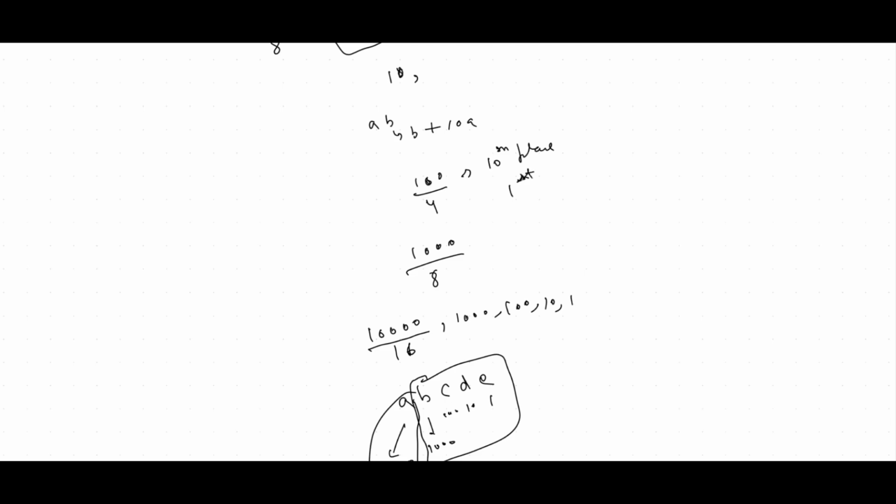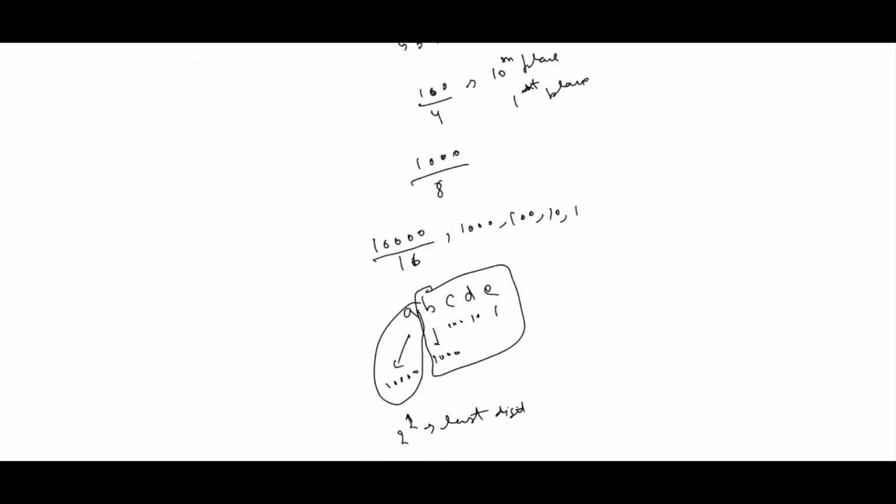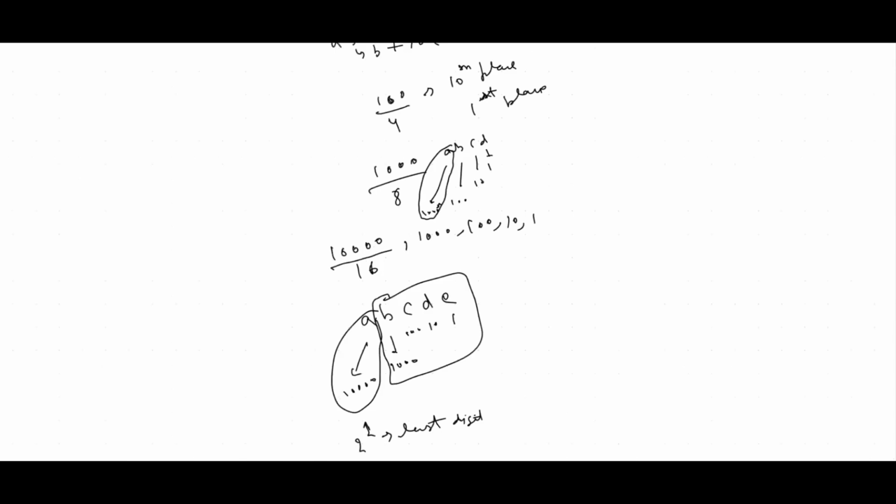Now for 8, we know that 1000 is divisible by 8. So why would you check the thousands place? The thousands place is the fourth digit. If you take A, B, C, D, this is the ones place, tens place, hundreds place, and thousands place. For 8, you won't check that because you very well know that it's going to be divisible by 8.